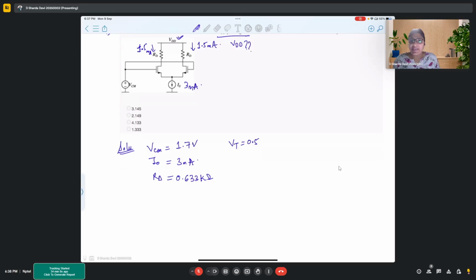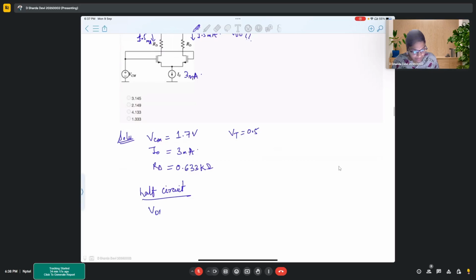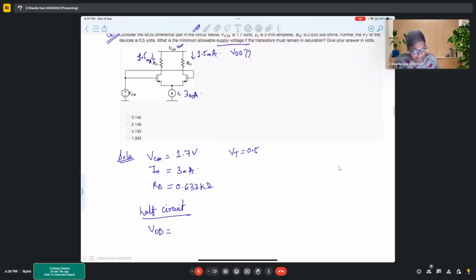By analyzing the half circuit, we know that VDD is distributed as ID by 2 into RD, the drop across this RD resistor, plus VDS.